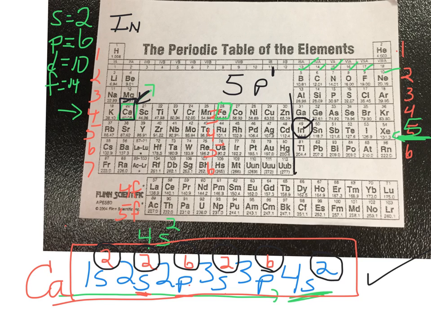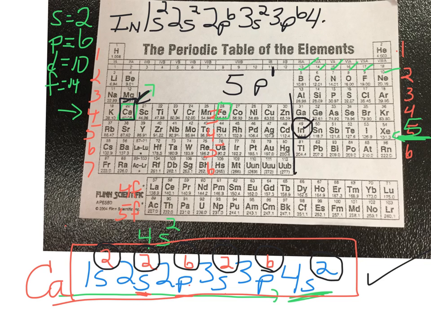So let's start from the beginning. 1s. How many does that S have? 2, and then 2s2, and then 2p6. What's next? 3s2. 3p6, very good. 4s2.